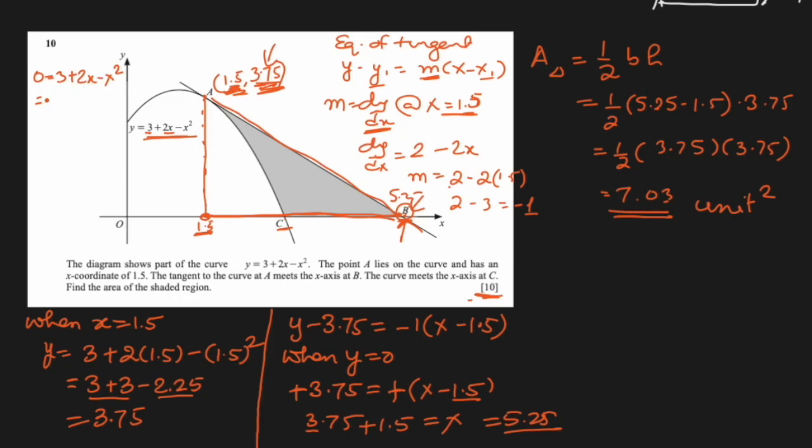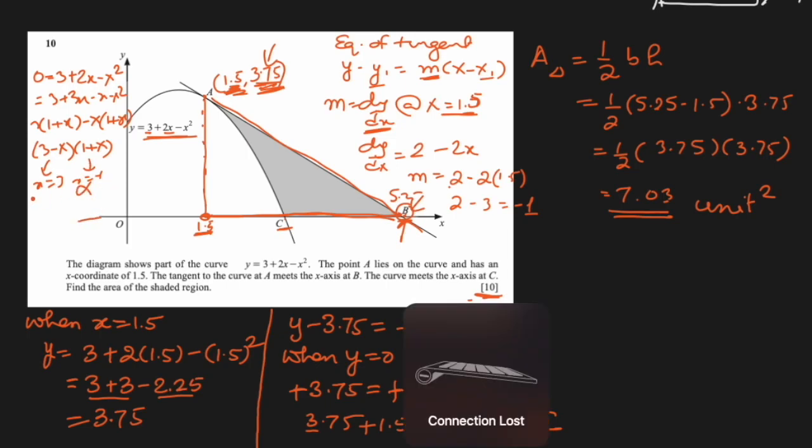So 3 plus 3x minus x squared minus x, which gives 3 minus x times 1 plus x. So this gives me x equal to 3. If I make the other factor 0, x equal to minus 1. This one doesn't make sense because x equal to minus 1 will be on the left side. So x is equal to 3.